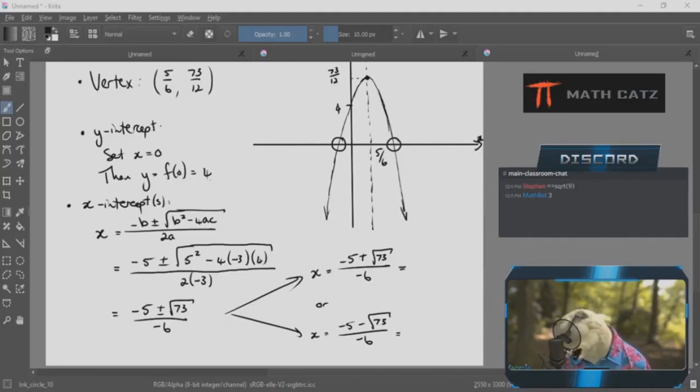So it's going to be now brackets, right? -5 plus square root of 73 bracket divided by bracket -6 bracket. Let's see what MathBot does there.